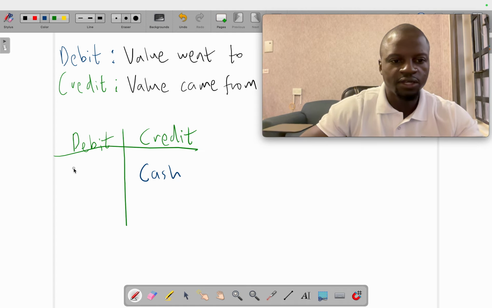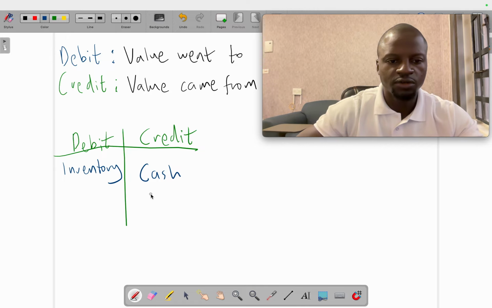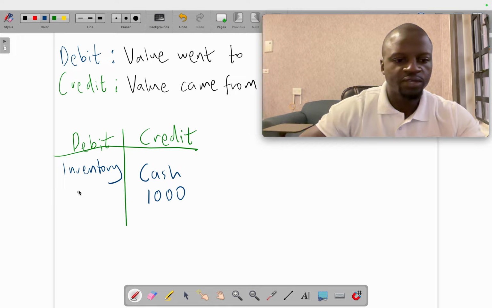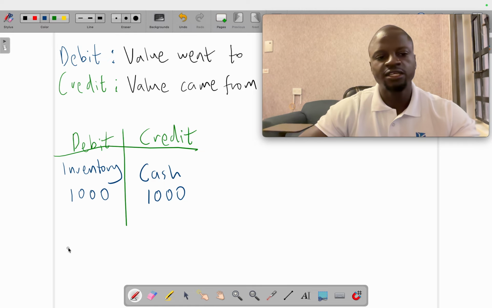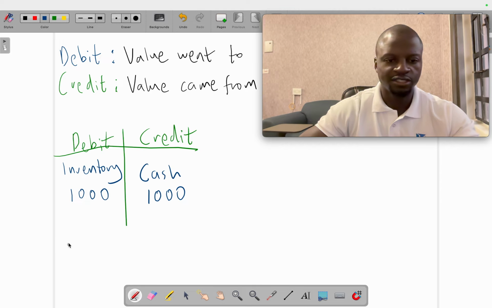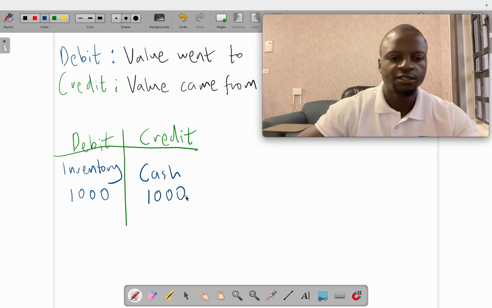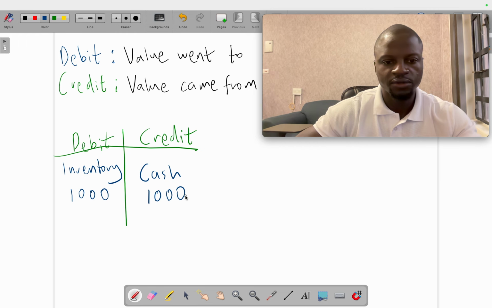And the value is going to inventory. So you're going to use cash worth 1,000 to gain inventory worth 1,000. So in that case, we have recorded a complete transaction. We have credited cash with 1,000 and debited inventory with 1,000. You have done a complete record in that case.